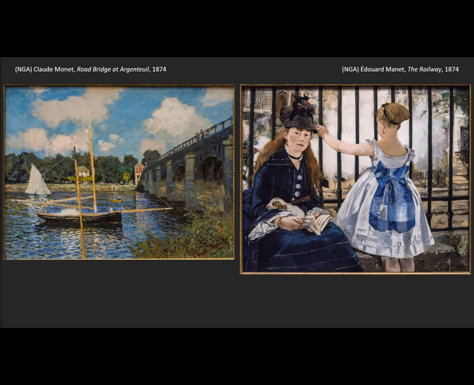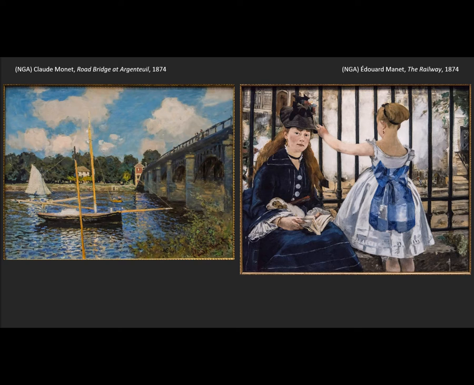There were others that painted even more academically, that were part of the show, that just wanted to be independent from the salon. They may well have had their works accepted if they submitted them, but they wanted to be part of this new modern group, right? So Impressionism is not what the calendars tell you, right? It's not only people who paint like Monet. Manet was never part of the group, right? And the group isn't really a group in that it changes and fluctuates year in and year out.